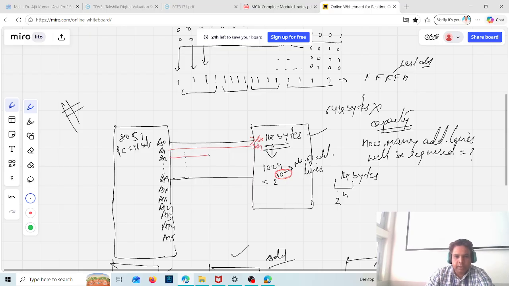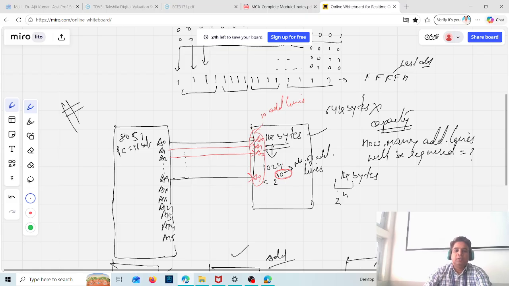Similarly, A2 will be connected with A2, and the last is A9, which will be connected with A9. So you can see A0 to A9, that is a total of 10 address lines, now utilized as per this memory chip capacity.